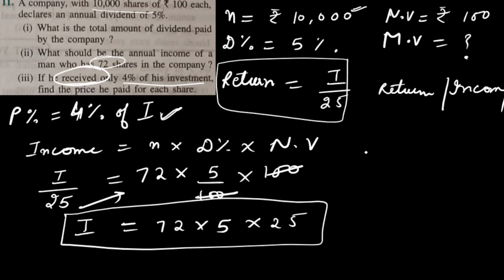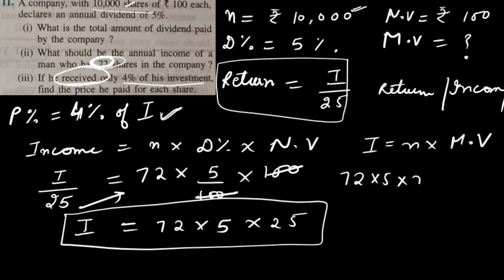Investment is equal to number of shares into market value. Number of shares is 72. It is not 10,000, because the man buys only 72 shares. So I is equal to I's value. This only we have found. What is the value of I? We can substitute here. This is 72 into 5.